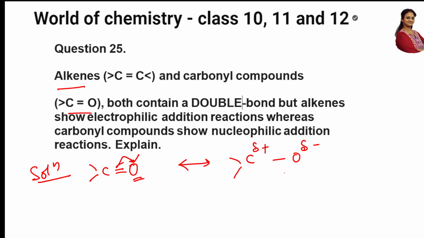So this gets positive, this gets negative charge. Now tell me, because of this positive charge, carbon is electron deficient, so nucleophiles will go and attack. Correct? Because of this positive charge, carbonyl groups are going to show nucleophilic addition reaction. Justified? Done.